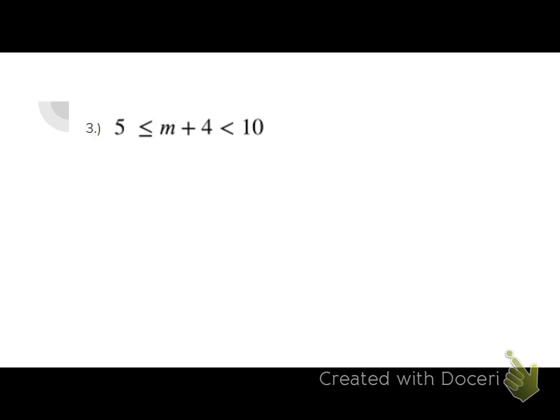Do I have any new volunteers to tell me what one of my equations would be? Andrew? 5 is less than or equal to n plus 4. Very good. James, you have the other one? N plus 4 is less than 2. Good.